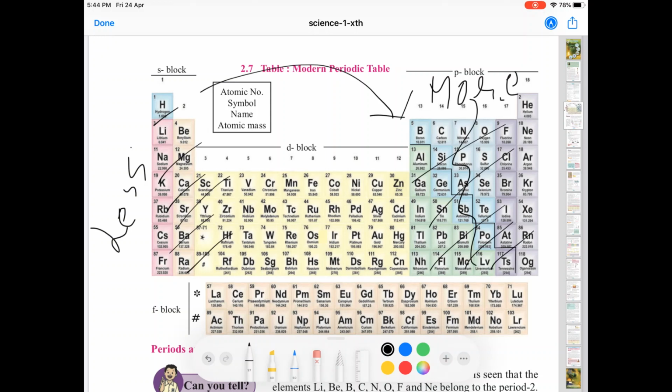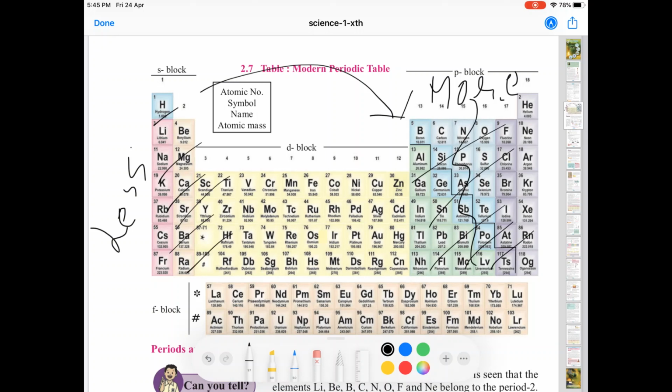So what happens is, it is easy for the elements on the left to donate electrons, whereas it is difficult for the elements on the right to donate electrons. So naturally, if it is easy for the elements on the left to donate electrons, these elements will behave like metals, and this ease of donating electrons decreases from left to right.